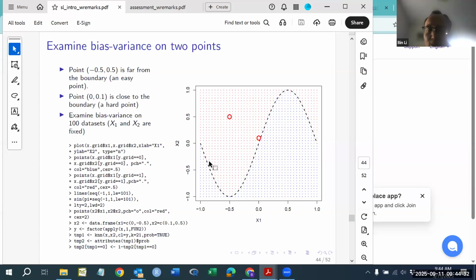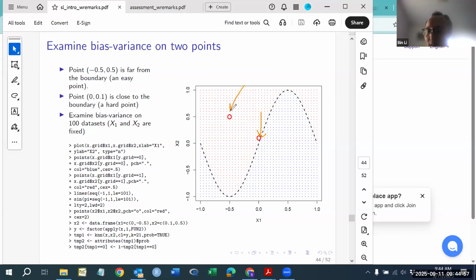Now we're examining the bias and the variance on two points, with the class boundary here. So tell me, what is the difficult point to do the classification? Of course, it's this one, because it is close to the boundary.